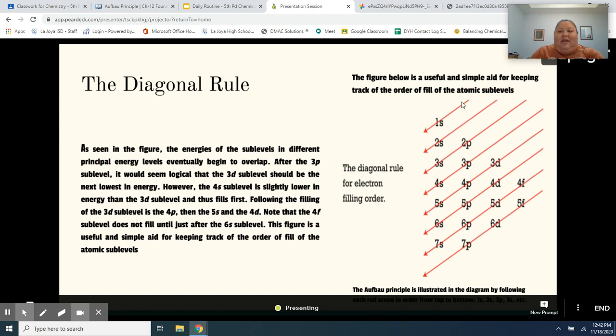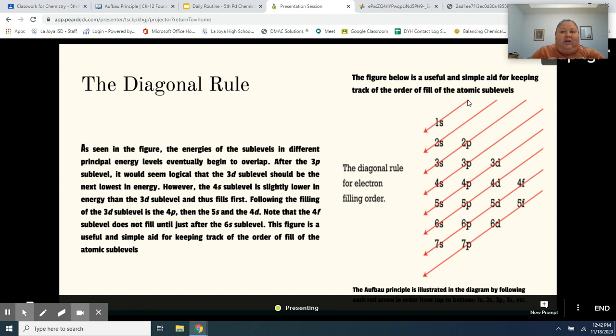What would come after 1S? Anybody listening? If you are starting at 1S, what comes after 1S? 2S. Everybody see that?